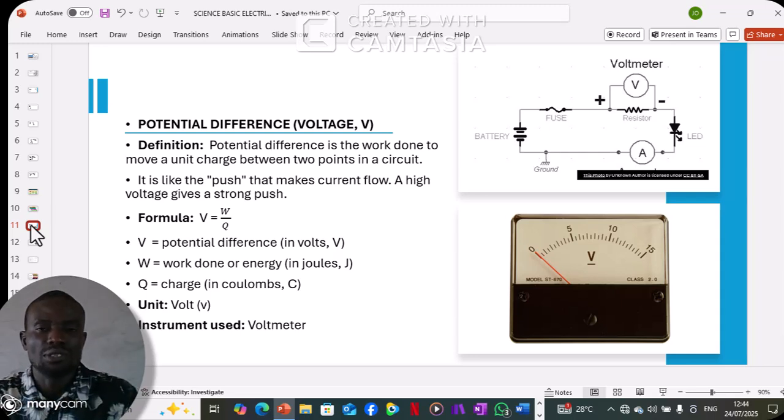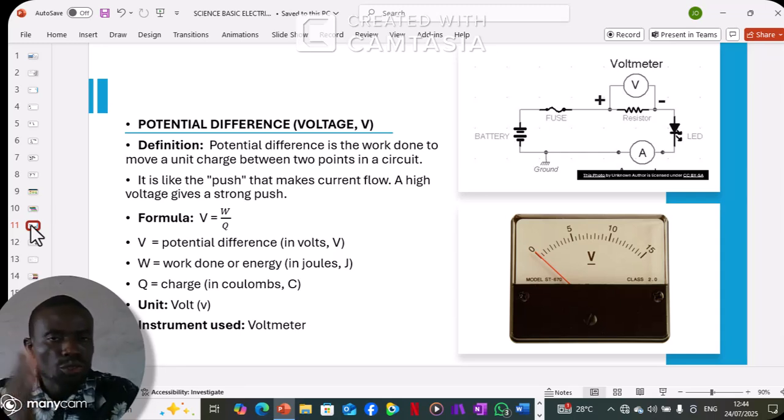If they have not moved, there is nothing like current. It is their motion, the flow, that produces what is known as current.